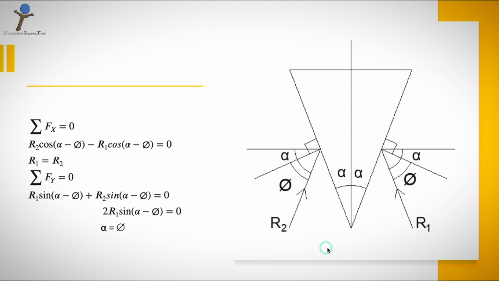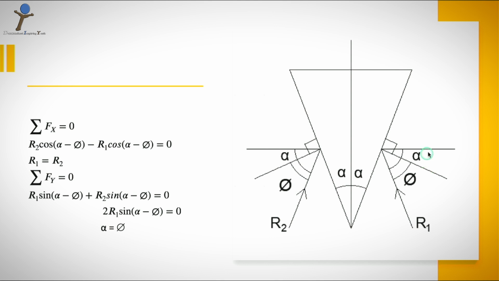So, resolve these two forces again to x-axis and y-axis as R2 into cos(alpha minus phi) in here and R1 into cos(alpha minus phi) in this direction. Since both are in opposite direction, the sum is equal to 0 here. So, here again R1 is equal to R2.